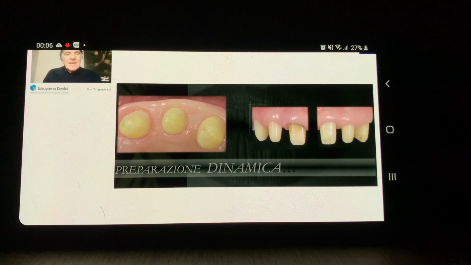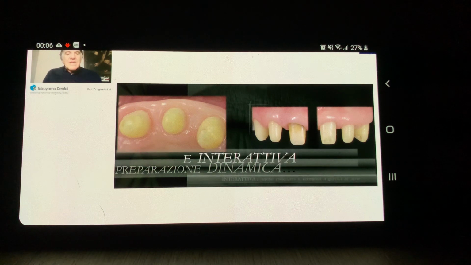We can change the volumes of the crowns, always using our restoration in a different way on the vertical preparation. So vertical preparations are dynamic, and the restoration, I think, is an interactive restoration, because through this change in volume and position in the tooth structure, I can interact with the tissues, and I can change them, and I can transform them, and I can interact with the papillas, with a whole series of issues which are usually treated in traditional prosthetic treatments not by the prosthesis, but through gingival or resective surgery, which is used to manipulate the tissue, which cannot be manipulated by aesthetic restoration.